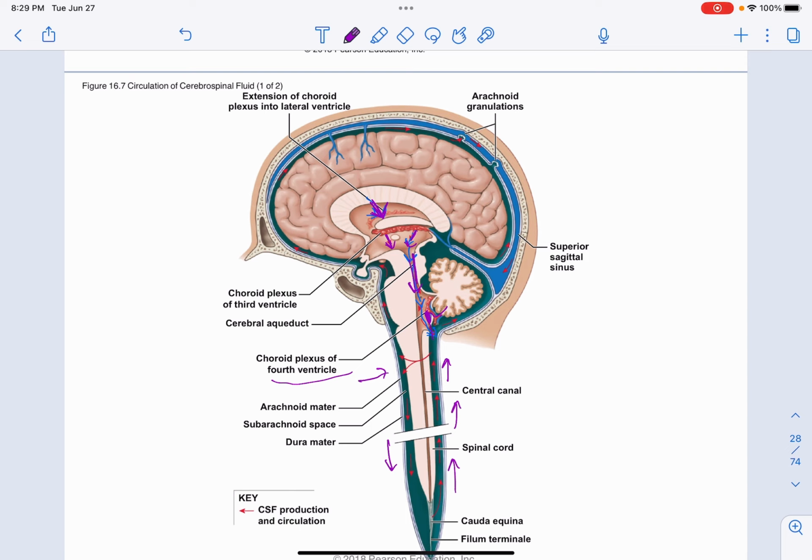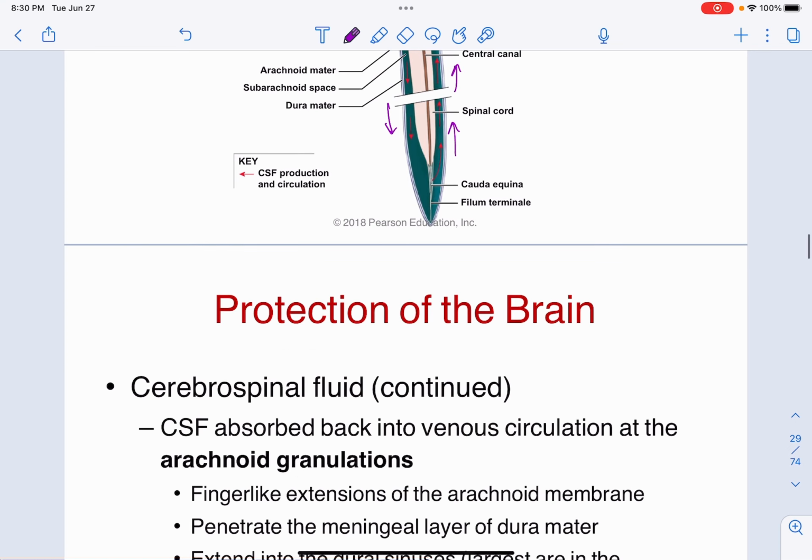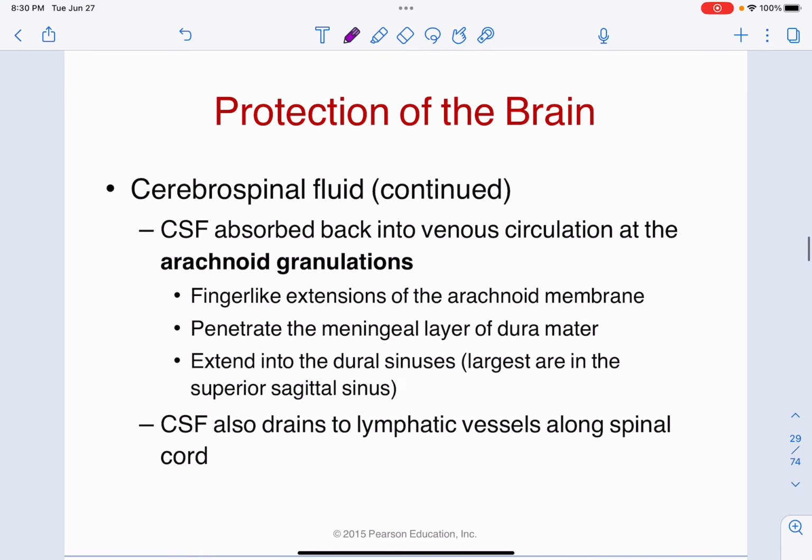Eventually the cerebral spinal fluid will return, and has to return, to the venous blood supply. And that happens to be at very specific places that I'm going to show you next. So cerebral spinal fluid is flowing through the subarachnoid space, and it eventually has to return to venous circulation.